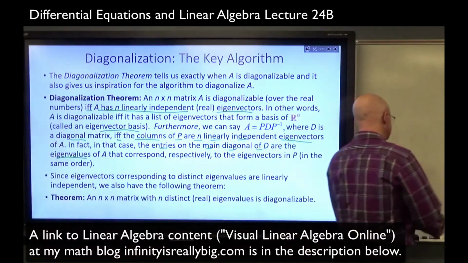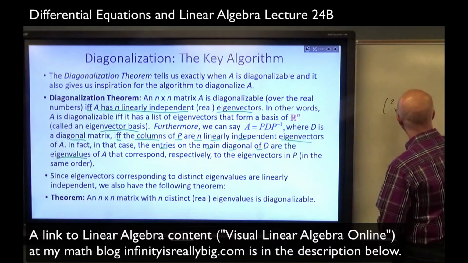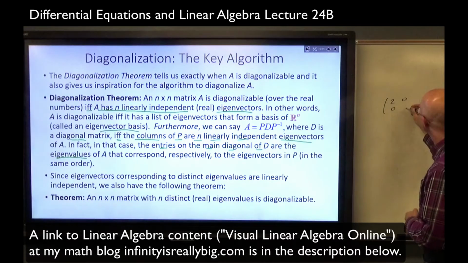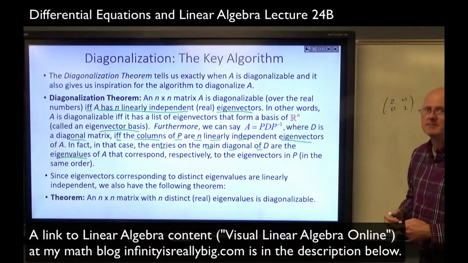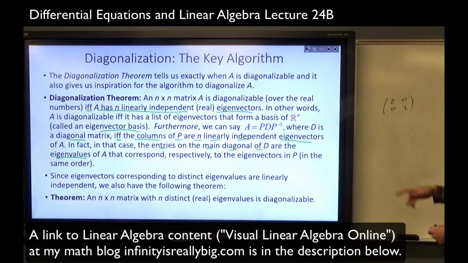A simple example suffices there. Any diagonal matrix with, say, the same numbers on the main diagonal is already diagonal, therefore it's diagonalizable. You can take P to be the identity matrix. But it does not have, in this case, two distinct real eigenvalues.